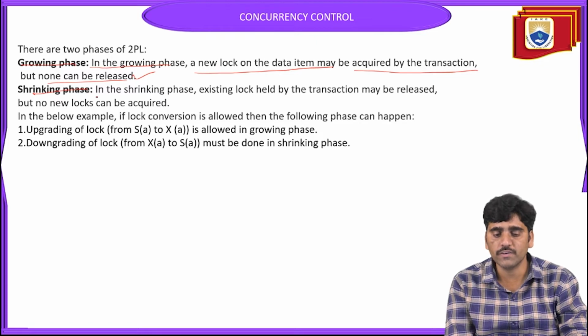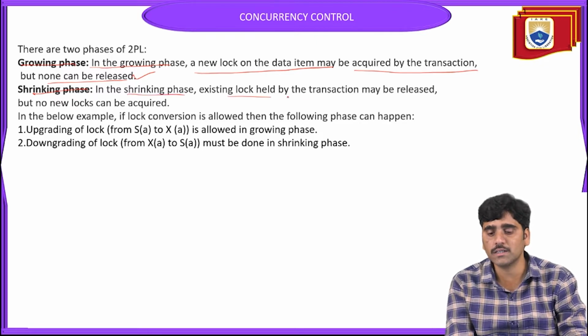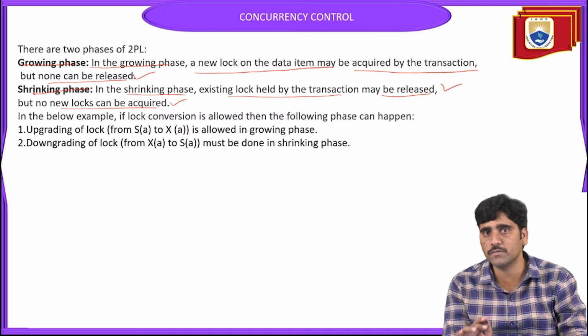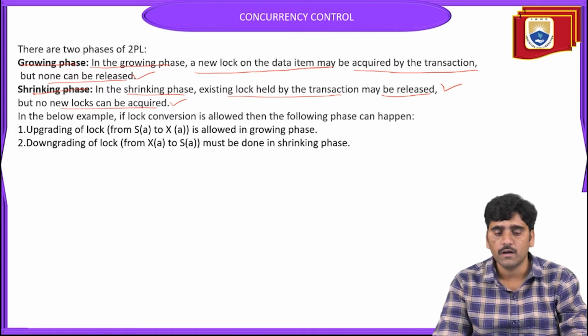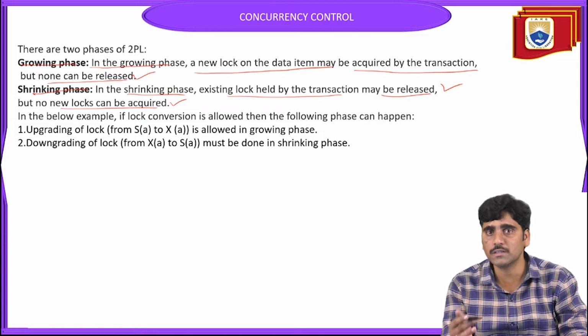But in the shrinking phase, existing locks held by the transaction may be released, but no new locks can be acquired. So it is releasing the existing locks, but it is not requesting new locks.